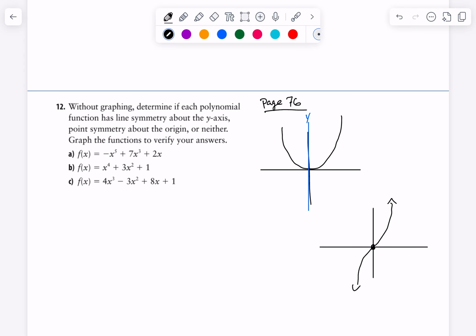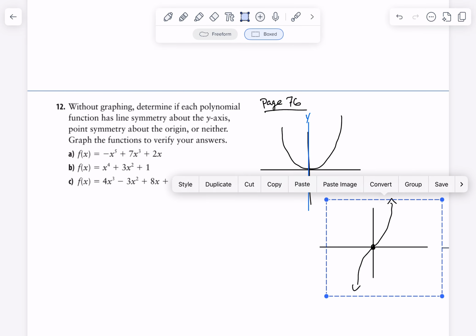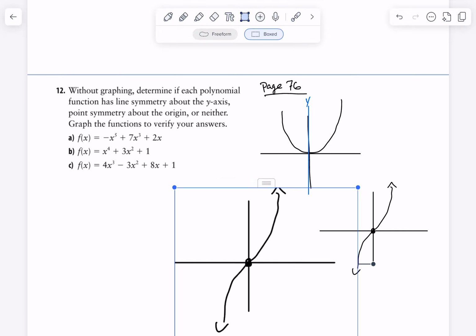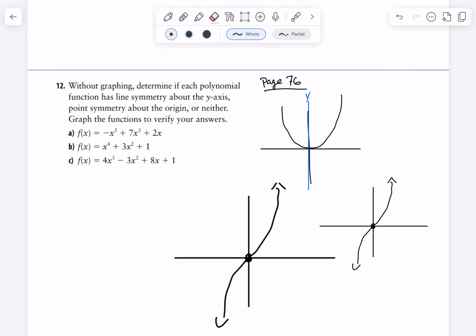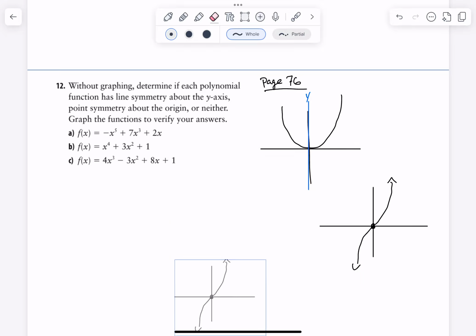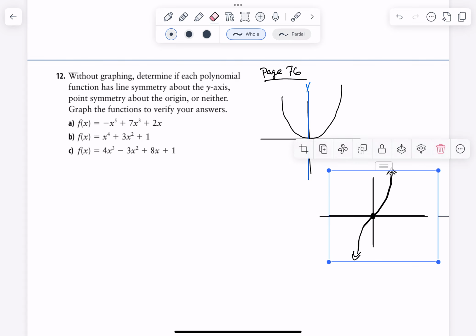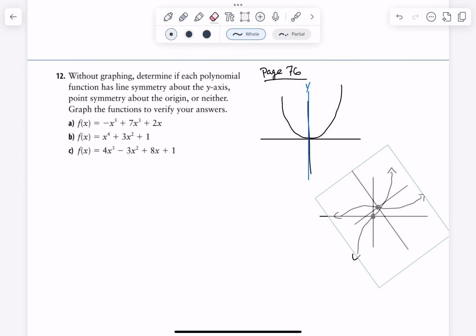In the sense that if I were to grab this, I gotta make it the same size, just give me a sec. If I were to grab this and rotate it 180 degrees, we would expect to get the same graph back, right?